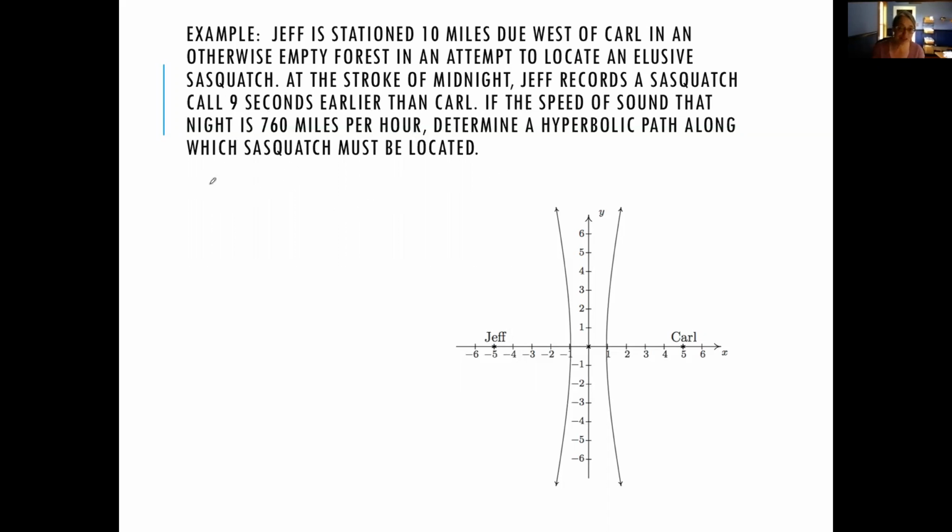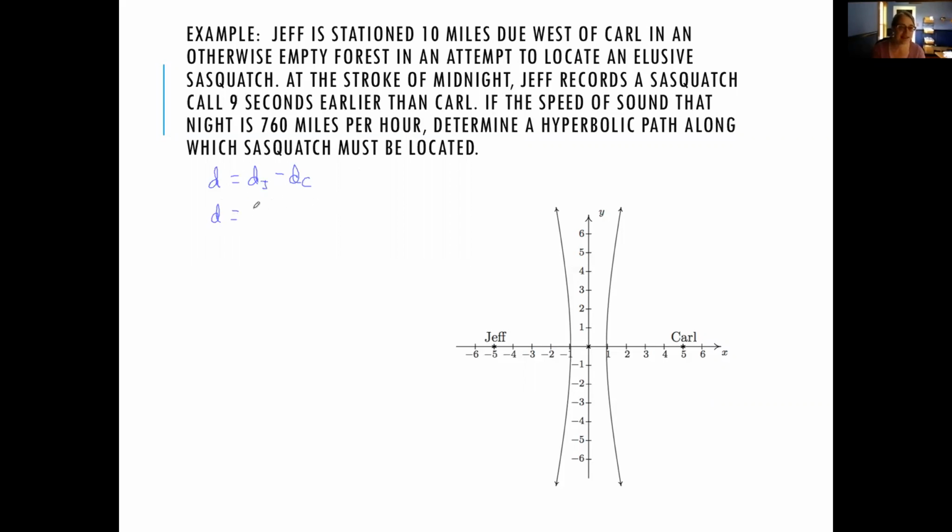So what we're really doing is we're saying, all right, well, we know that Sasquatch is some distance d, and that is equal to the difference between the distance to Jeff and the distance to Carl. And we can figure this out because this distance is going to be equal to the difference in times where they heard the Sasquatch.